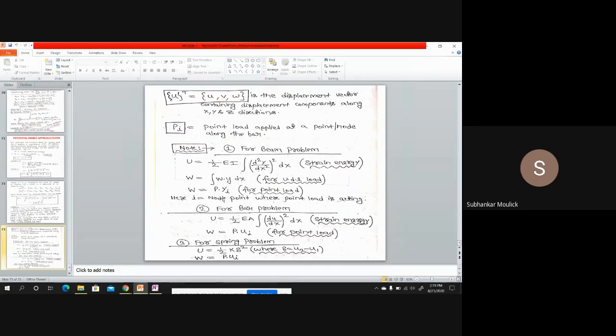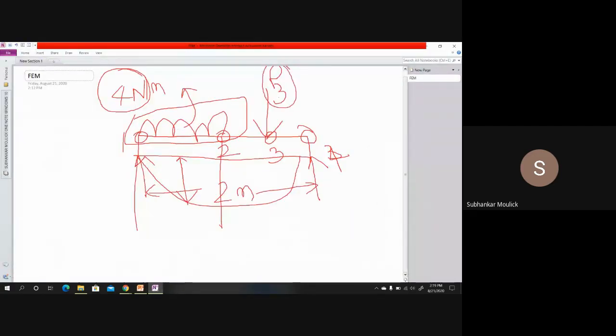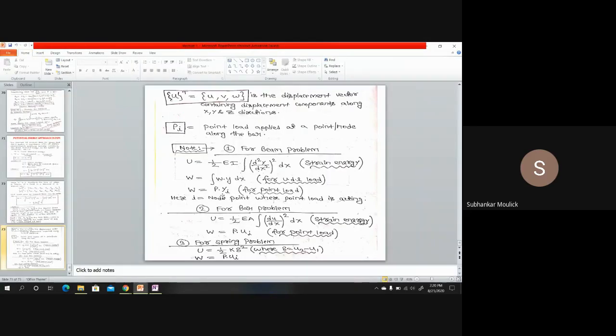It will be simply the load into the deflection at the node where that load is acting. So Pi into Ui. Here U is nothing but Y.